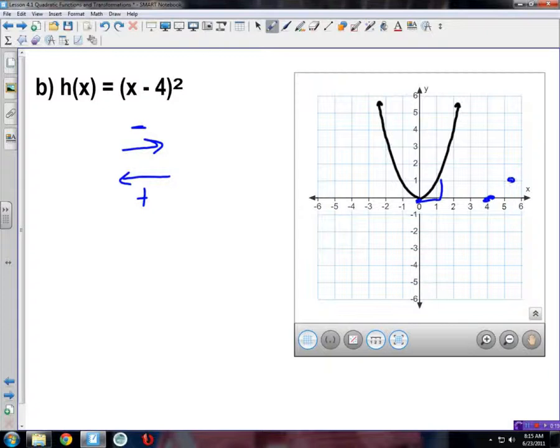If I go over 2, up 4, I'm going to go over 2, up 4, sorry. And then make my graph. Alright, so this is just a reminder that if it's outside of the x squared, it's up, down. If it's inside the x squared, it's left, right.